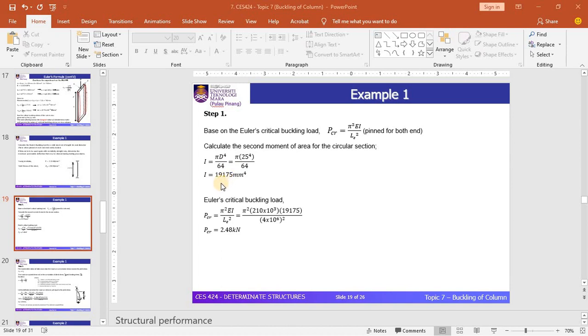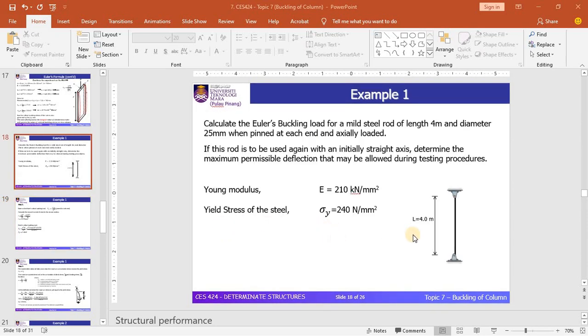Once we have obtained this value, you can further calculate the Euler's buckling load. Here is the solution, by substituting the values of E, LE and I. The LE is equal to 1.0L because this is a pin-ended column.